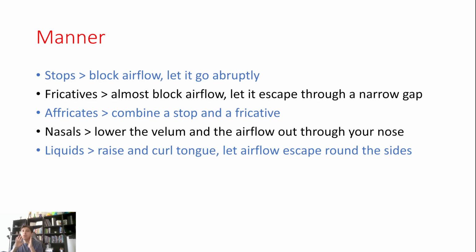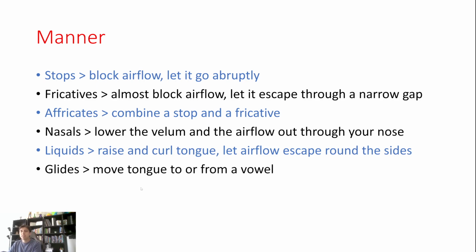The air is going to escape through the sides of your tongue, because your tongue is going to touch the alveolar ridge, and then your air is going to flow through these sides of your tongue. Then we have the glides, and they move your tongue to or from a vowel.